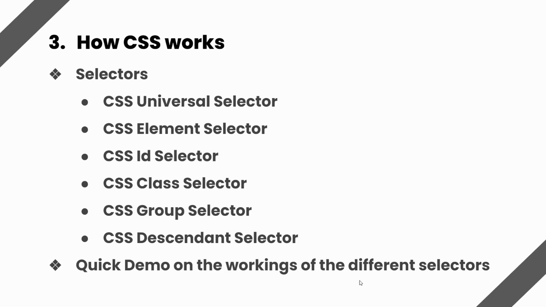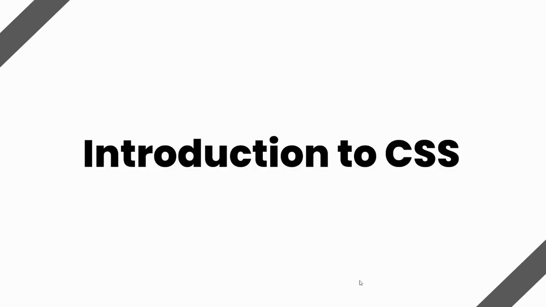As you can see, the last part of this section is a quick demo on the workings of the different selectors. It's a quick demonstration on how each of these selectors work and their different syntax and how they all affect the HTML documents. So let's move.